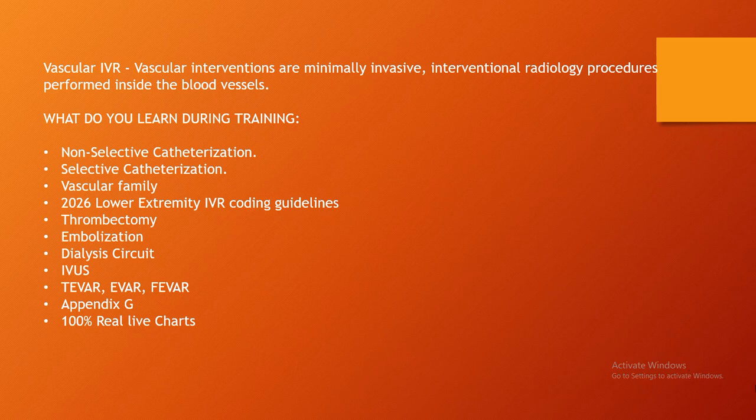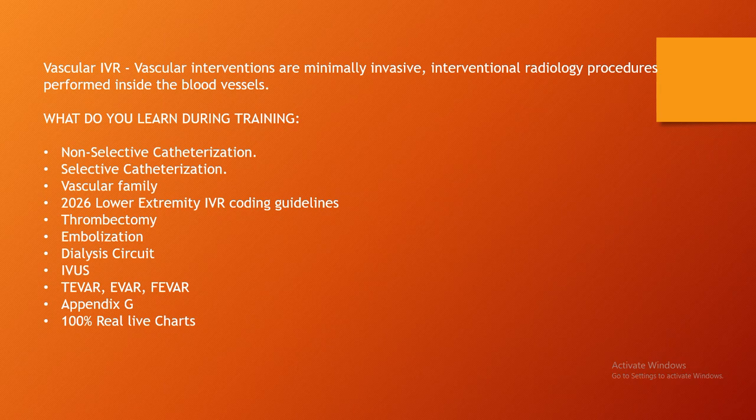So next, any doubts here, guys? During our training you will learn all these things. Mostly, as we have discussed, you will learn vascular IVR, because non-vascular IVR anyone can code. That is very easy. First you will learn the difference between non-selective and selective catheterizations.